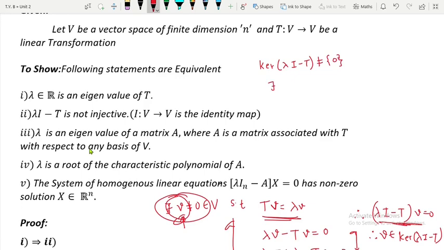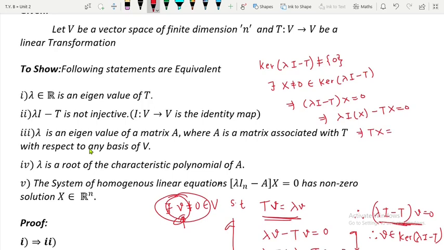This will imply that there will exist some x not equal to 0 belonging to the kernel of lambda I minus T, and this will imply that lambda I minus T of x is equal to 0, which implies that lambda I x minus Tx is equal to 0, and this will imply that Tx is equal to lambda x.